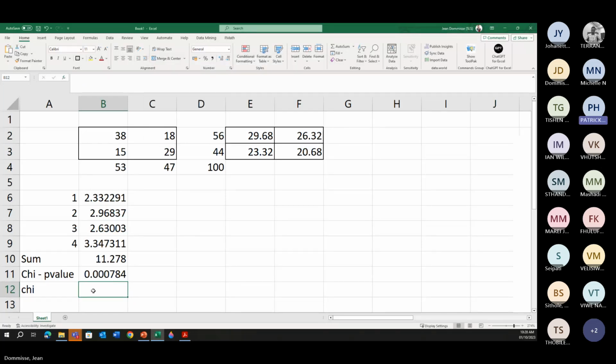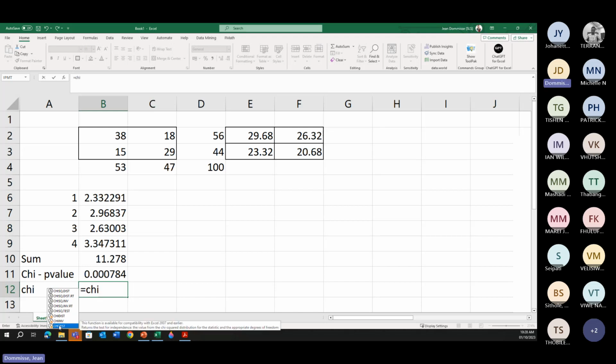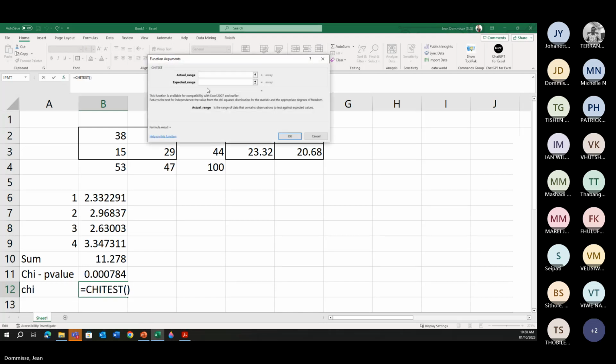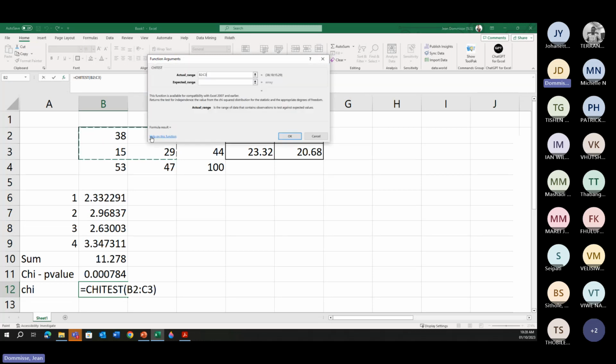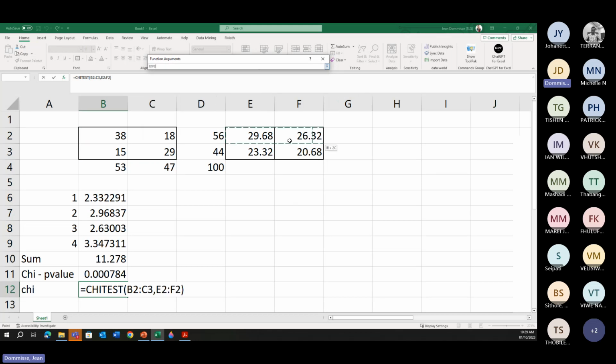From your spreadsheet, I just have chi-test. Okay, that's quite interesting. So it shows that if there are also differences in the different Excel versions, then you get different results.